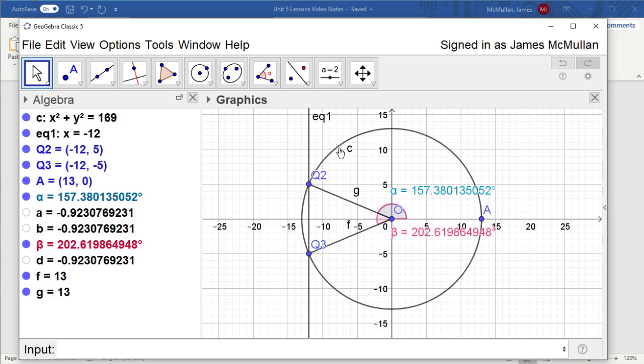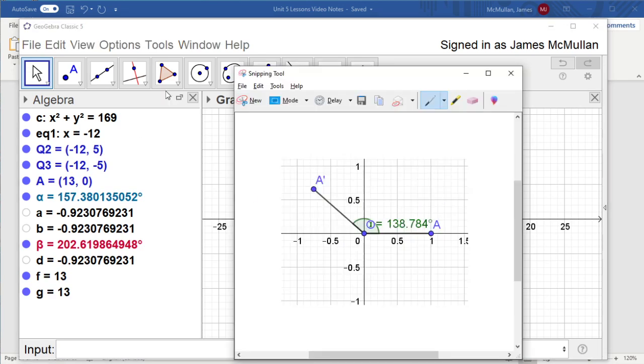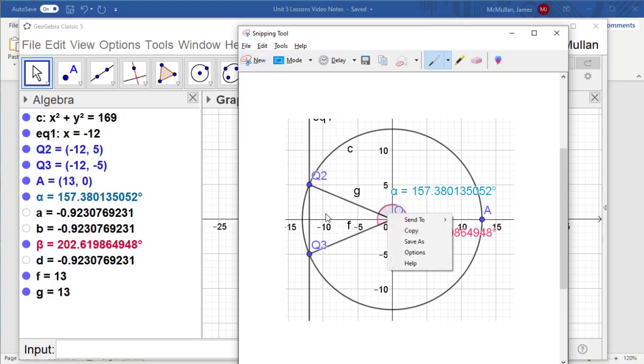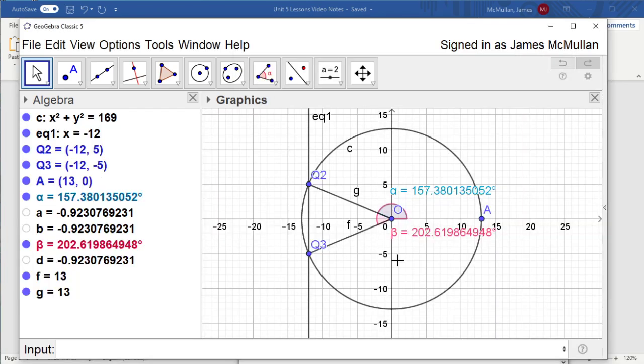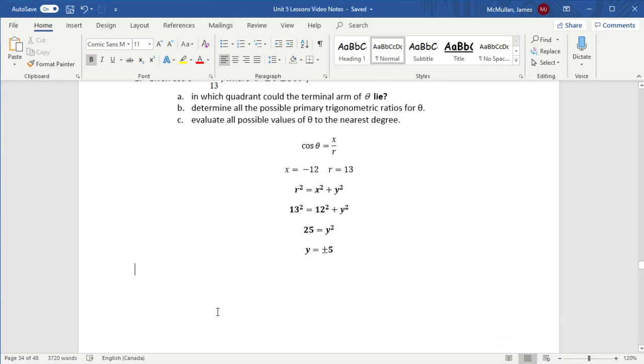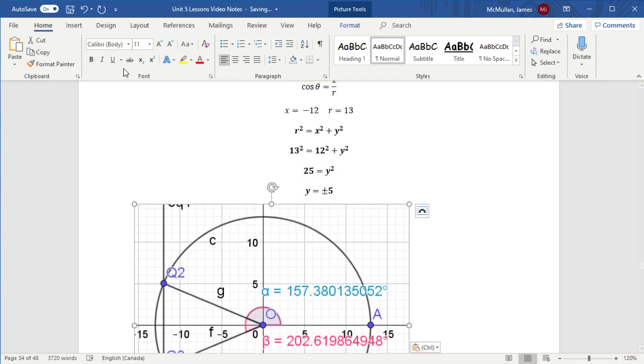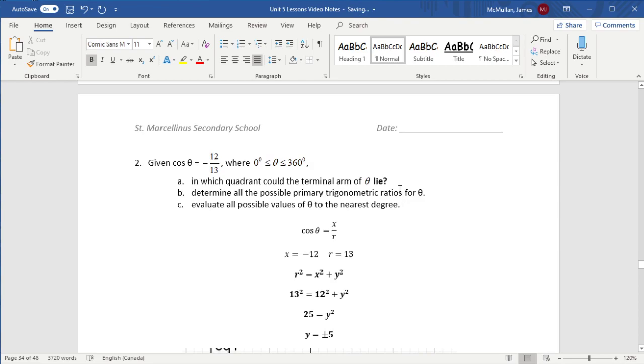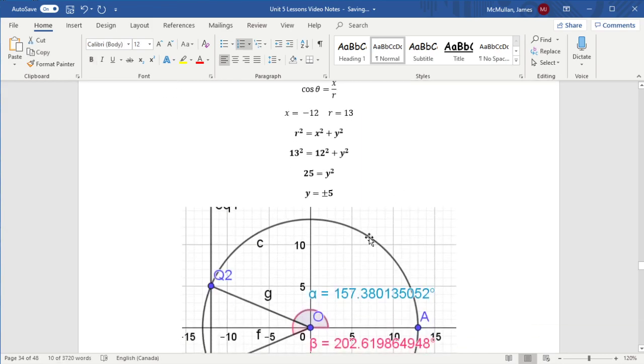Okay, there are two answers. There are two answers because there are 2 points on the circle when x is negative 12. Y could be up here at 5 or down there at negative 5. Okay, now the nice thing about it, taking it from here, is you just need to solve it once, and then you can get what you need. So it says, in which quadrant could the terminal arm lie?